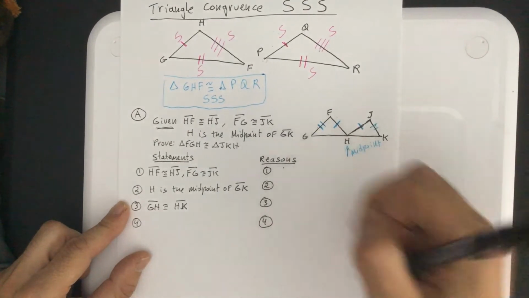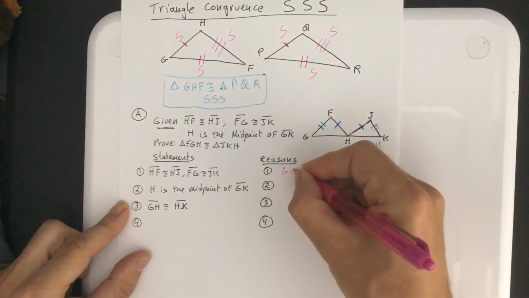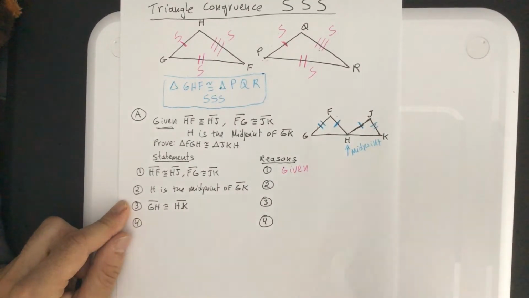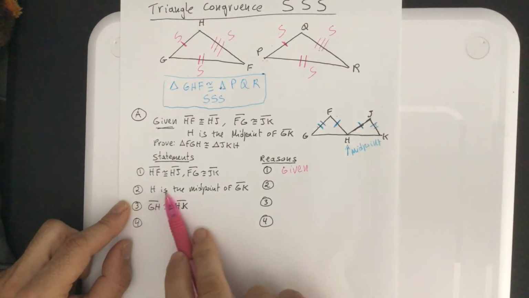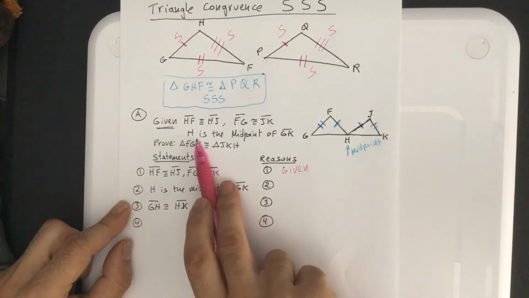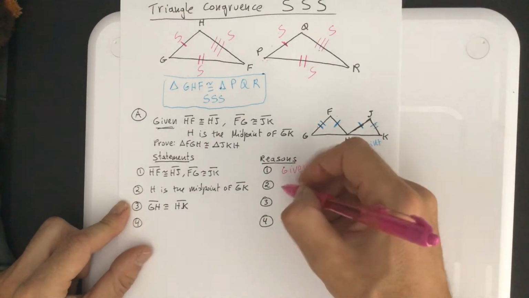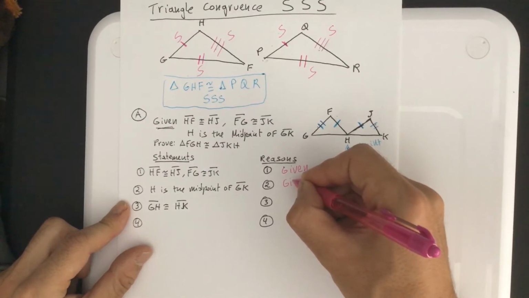So let me write down over here, given. That's the reason. Most of the time, they're going to give you some given information. Now, H is the midpoint of GK. Well, that one is also given. They're telling you over here. So that will also be given information.